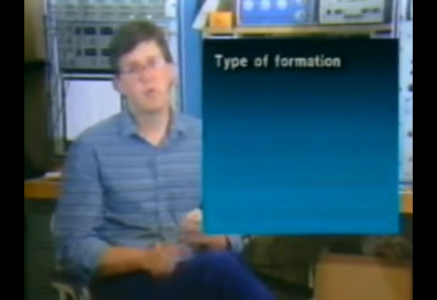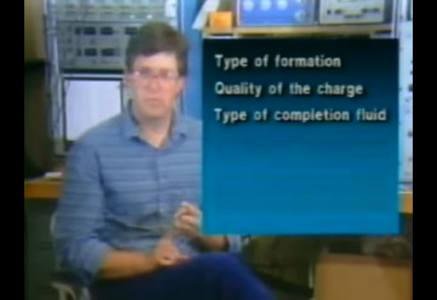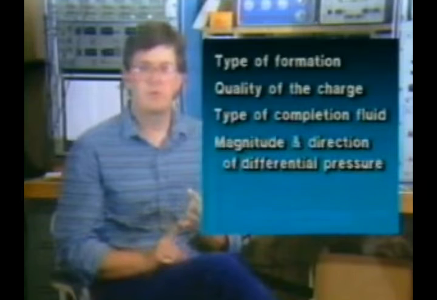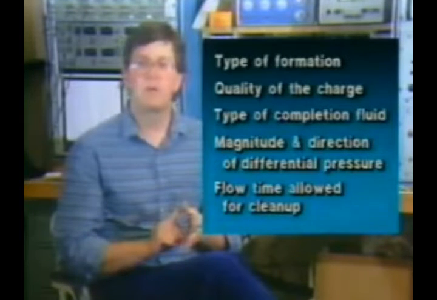The effective shot density depends on the type of formation, the quality of the charge, the type of completion fluid, the magnitude and direction of differential pressure, and the flow time allowed for cleanup. The type of formation will influence the depth of the perforation and the degree of rock crushing. The charge quality will influence the uniformity of the perforation tunnel and the type of debris that must be removed.